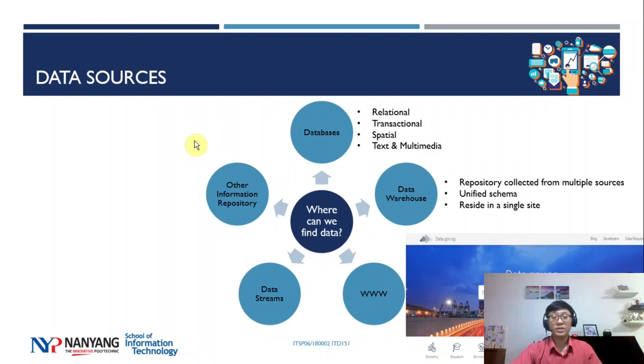For example, you want to find out the population in different regions. You can easily surf the internet to find some of this data. In Singapore, we have data.gov.sg. That is the website where the government puts lots of data, which you can retrieve. Actually, they are all free.